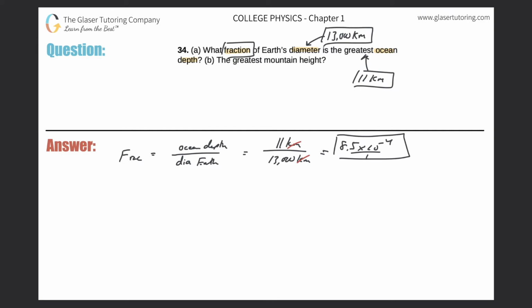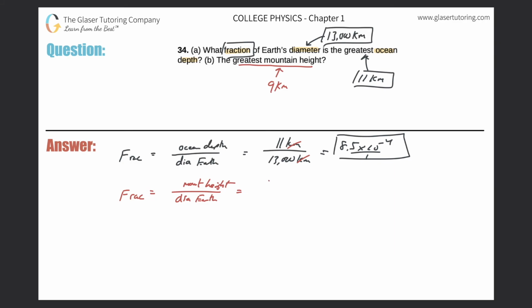Now we turn our attention to part B, and it says now the greatest mountain height. Let's assume that the greatest mountain height is approximately 9 kilometers. Similar methodology here: the fraction should equal the mountain height over the diameter of the Earth.